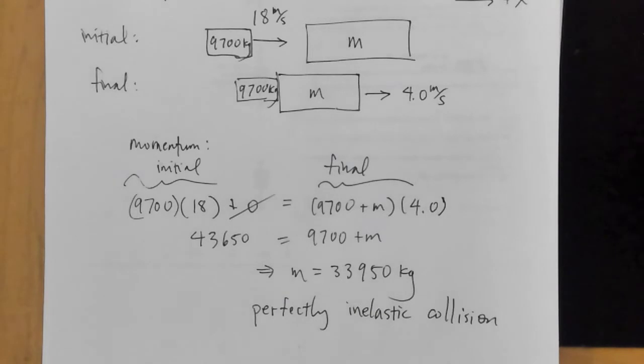Okay, elastic means a collision where it's really bouncy, right? And you don't lose any. We'll talk about kinetic energy later. That's why we're not talking about elastic yet. We don't even know what energy is.